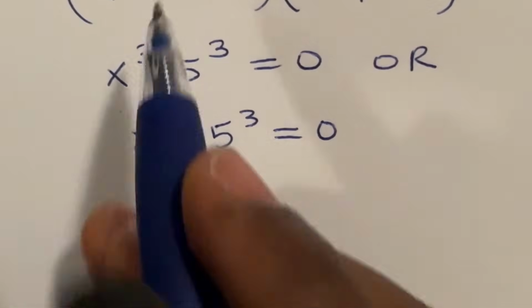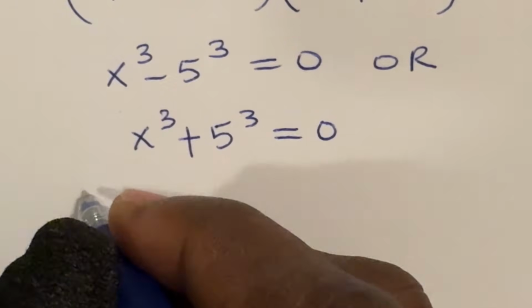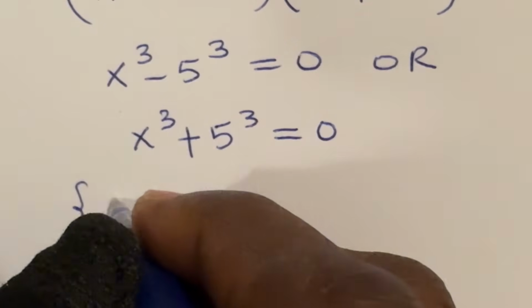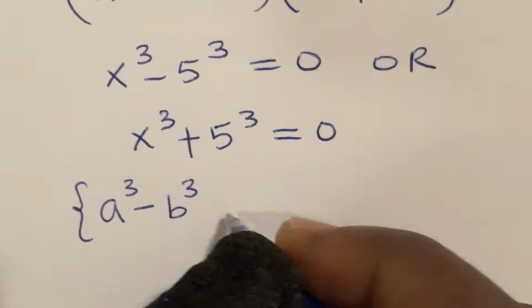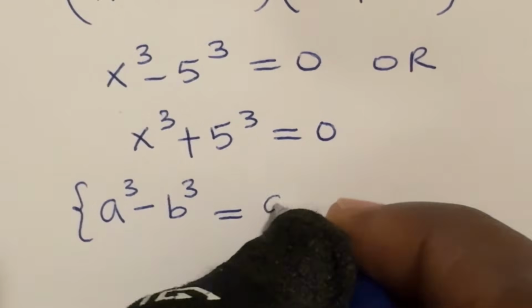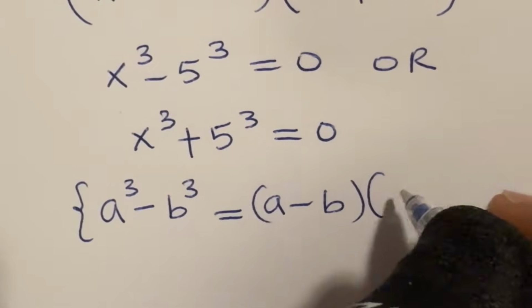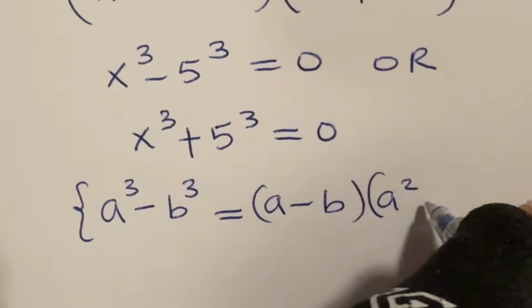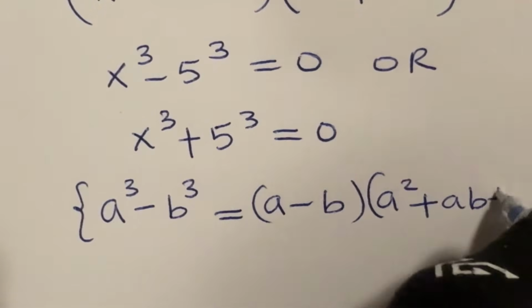For the first expression on the left, x raised to power 3 minus 5 raised to power 3, we can express it in the form a raised to power 3 minus b raised to power 3 and factorize it as a minus b times a squared plus ab plus b squared.